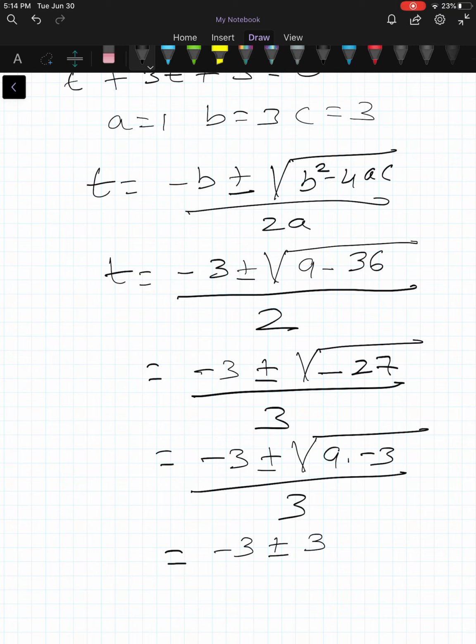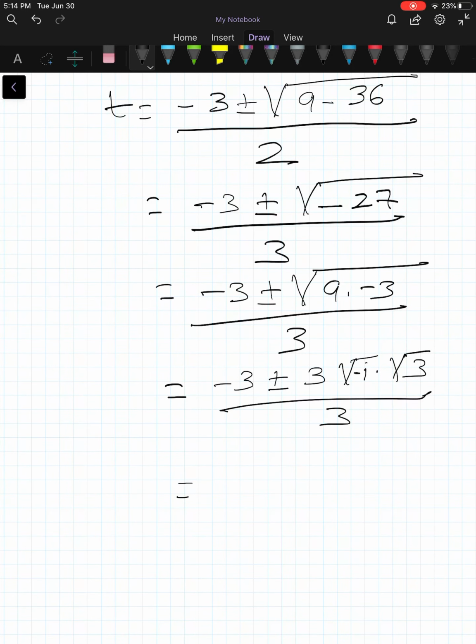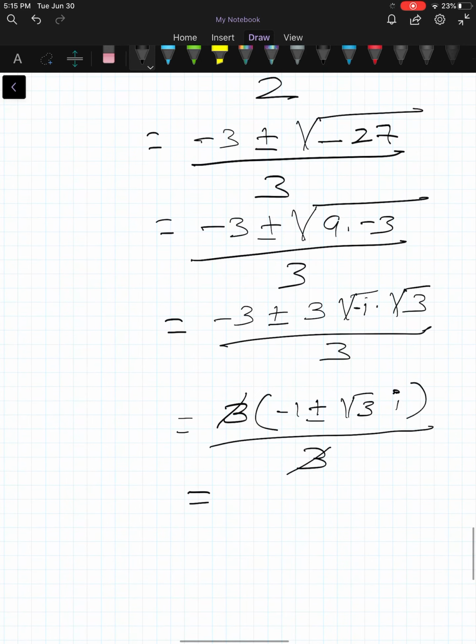So this is negative 3 plus or minus square root of 9 times negative 3 divided by 2. Square root of 9 is 3, and square root of negative 3 can be written as square root of negative 1 times square root of 3. So if you take out 3 common in the numerator, you will get negative 1 plus or minus i square root of 3, divided by 2.